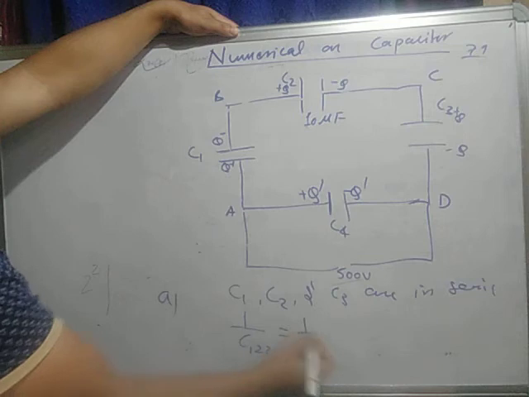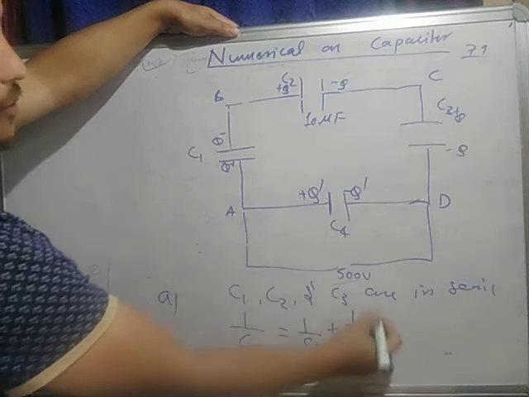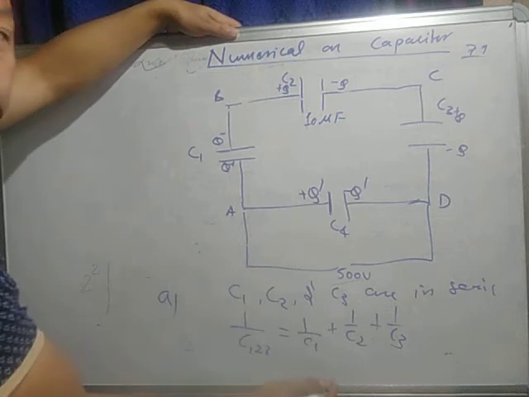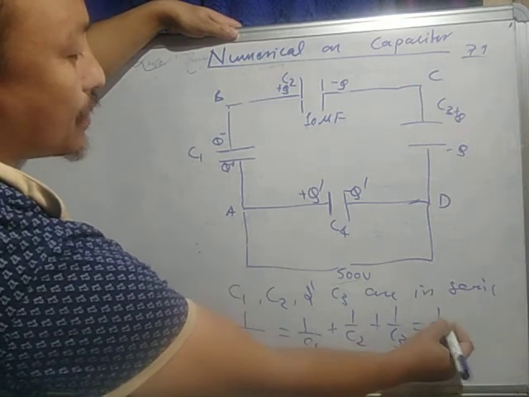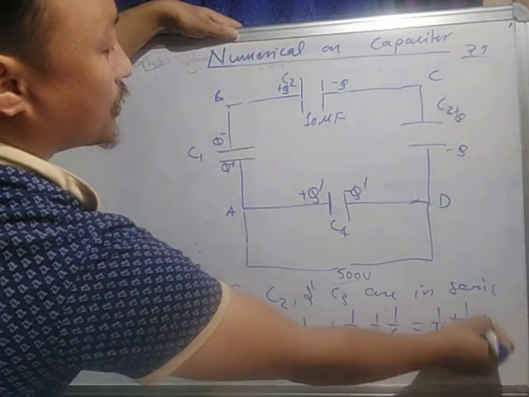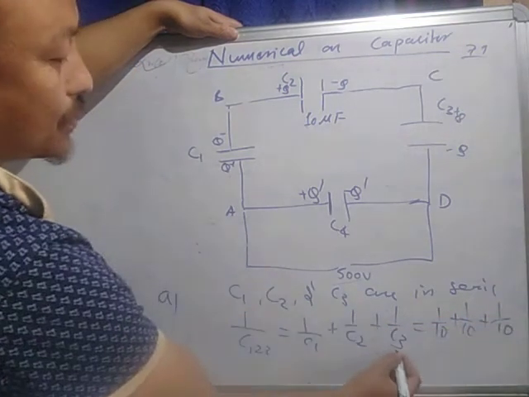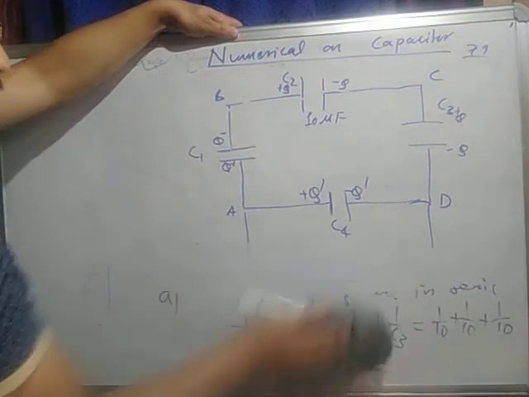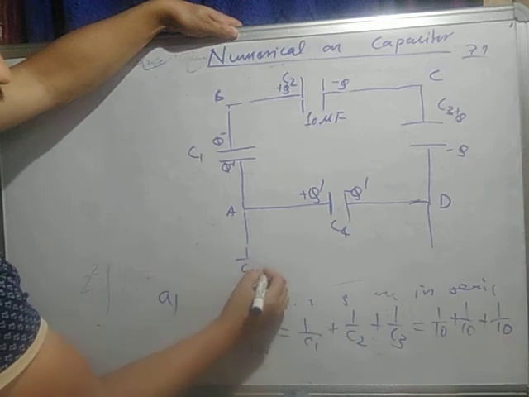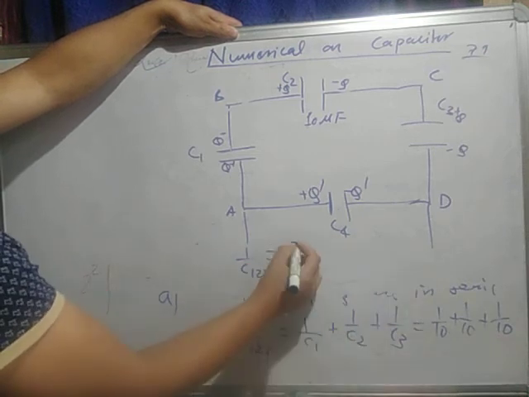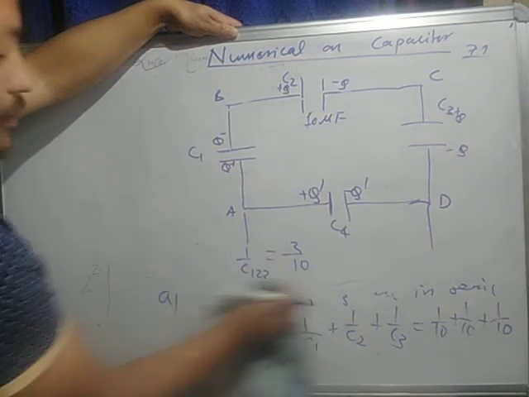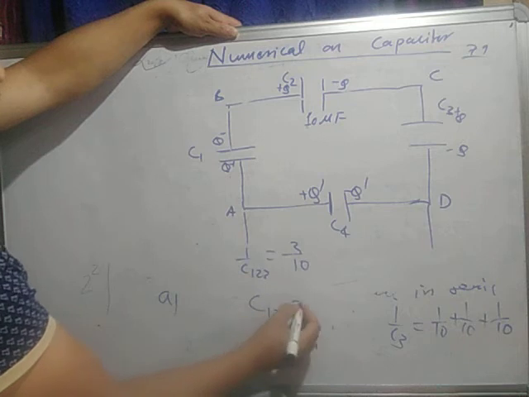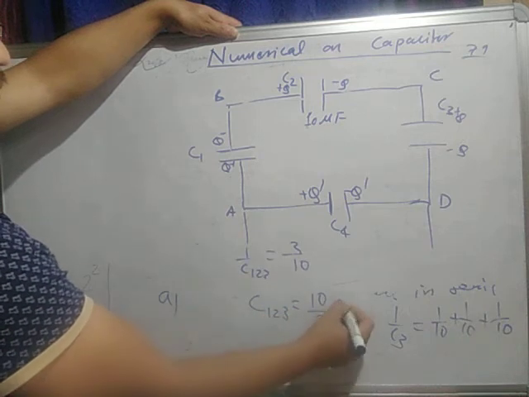So 1 by C1, 2, 3 equals 1 by 10 plus 1 by 10 plus 1 by 10, which is 3 by 10, isn't it? But we should turn it upside down. So C1, 2, 3 equals 10 by 3 microfarad.